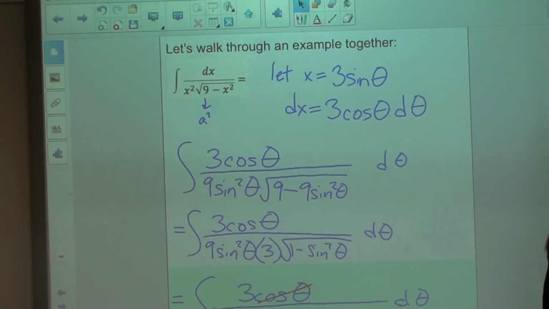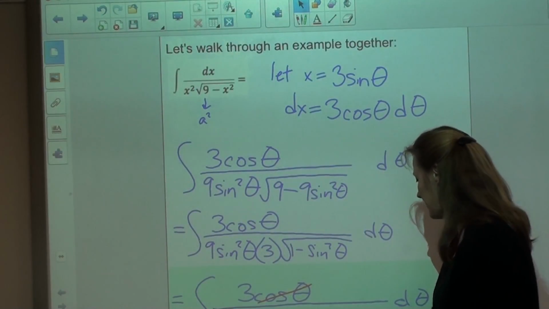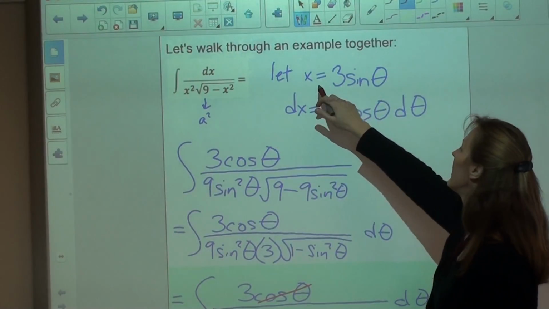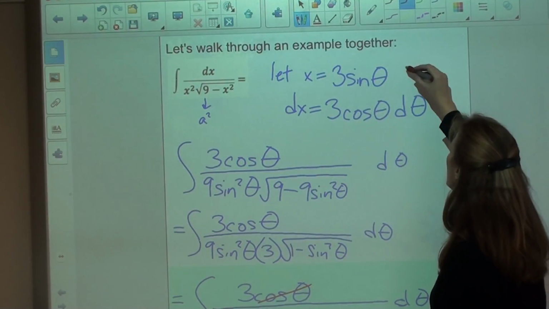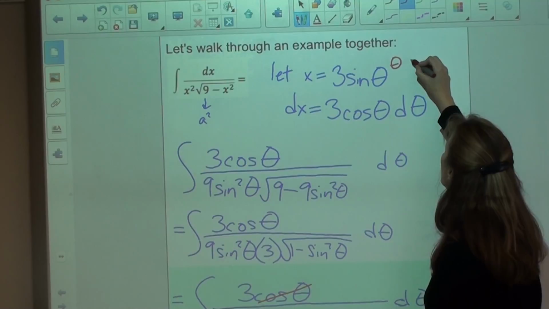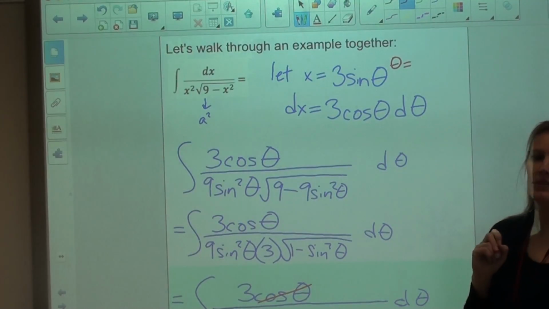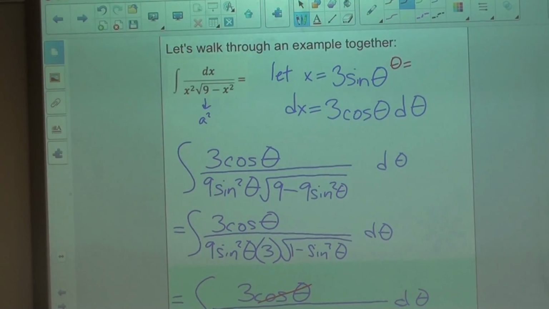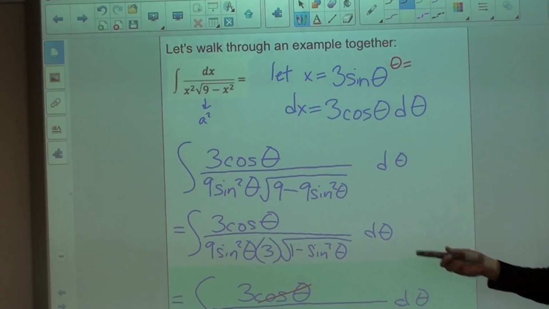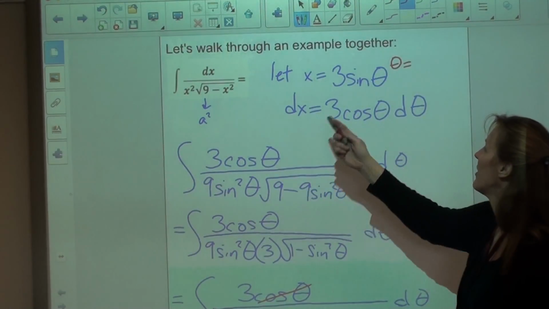Okay, so to write it in terms of x, we go back up to the top and say, all right, if x is 3 sine theta, that means that theta is what? Close. It's not 1/3 arc sine because you have to divide by 3 before you do the arc sine.